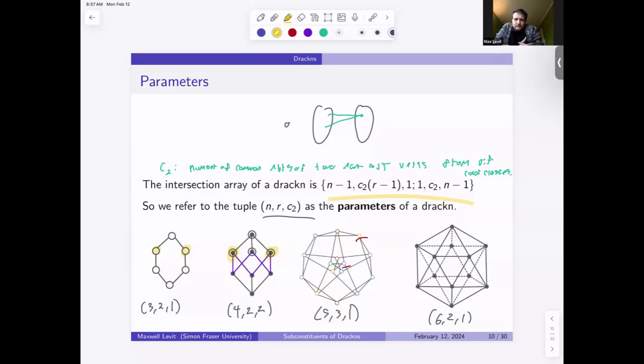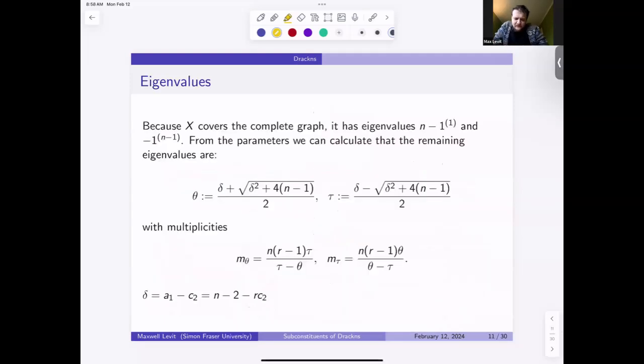We've probably all seen the derivation of the eigenvalues of a strongly regular graph. The eigenvalues of a distance regular graph of diameter 3, in particular one of these antipodal covers, go along the same lines, and you get something pretty similar. What you get are these expressions for the eigenvalues, which will be important towards the end, but we don't need to focus on them too much.